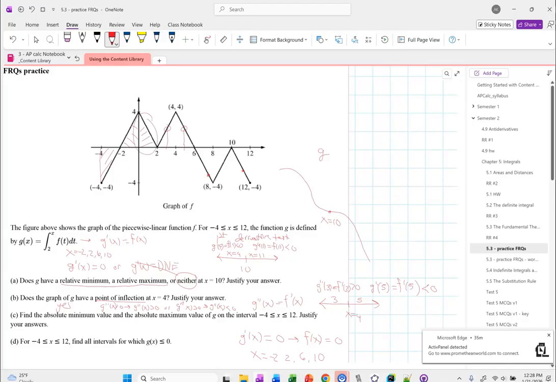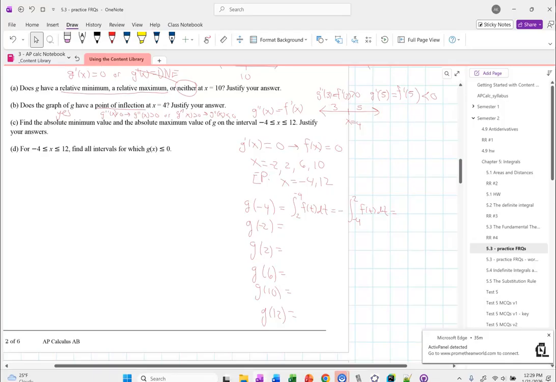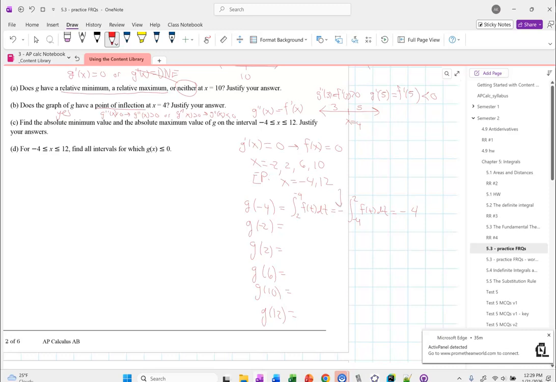So I'm left with just that section. This is a base of 2, height of 4, and then divide by 2. So that's going to be 4, right? But I have this negative sign out front, so it'll be -4. We picked up that negative when we flipped the bounds.